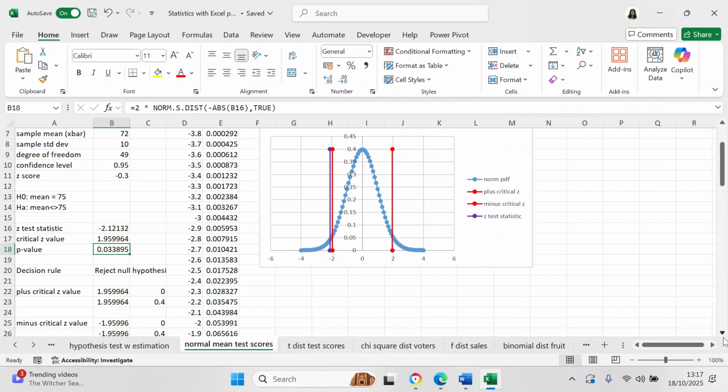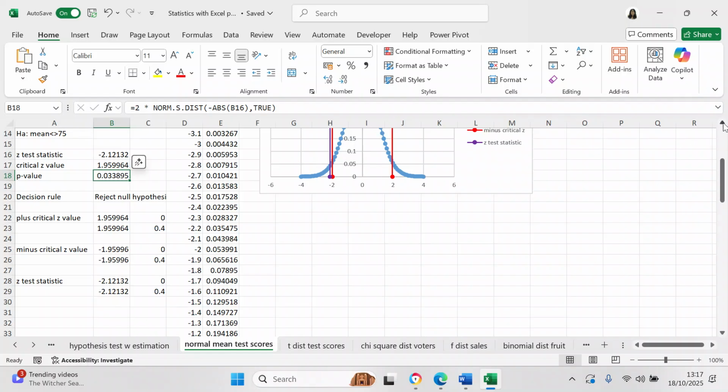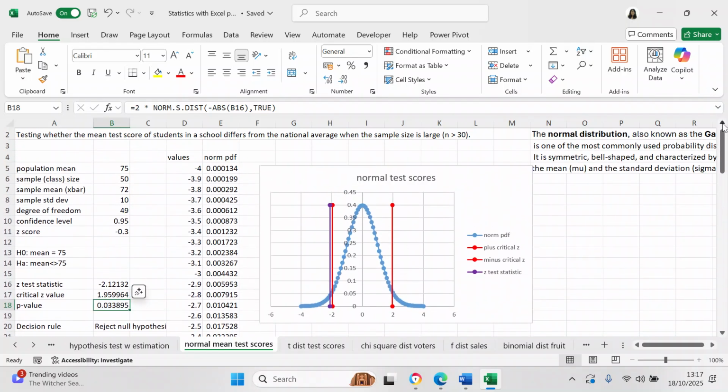And then we actually made a graph so you can see it. The values go from -4 to +4 in 0.1 intervals, and you've got your NORM.S.DIST, that's the probability distribution function. NORM.S.DIST of D5, your population mean, with false.